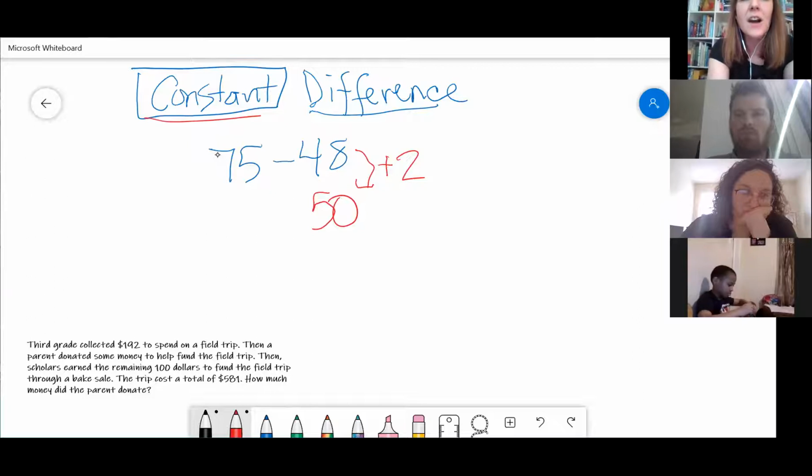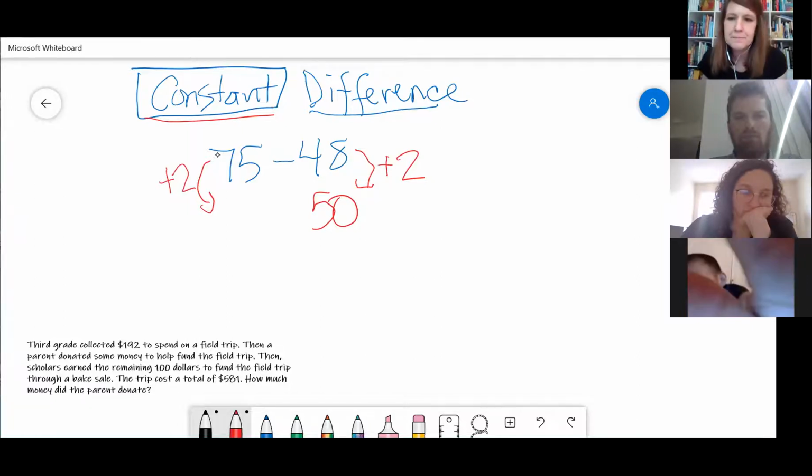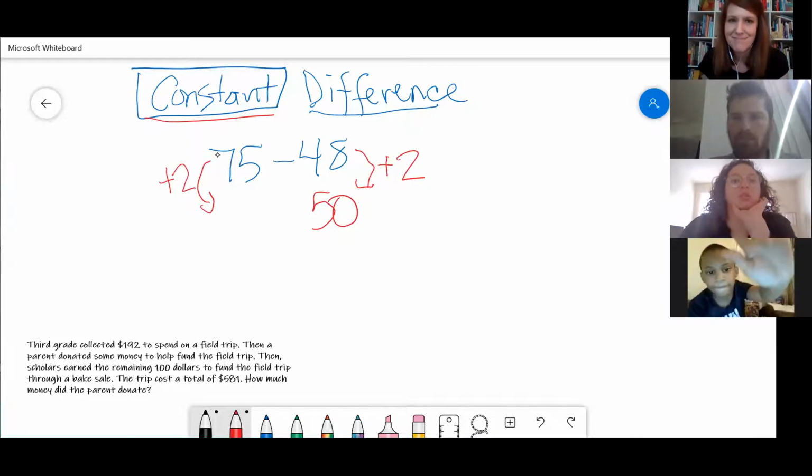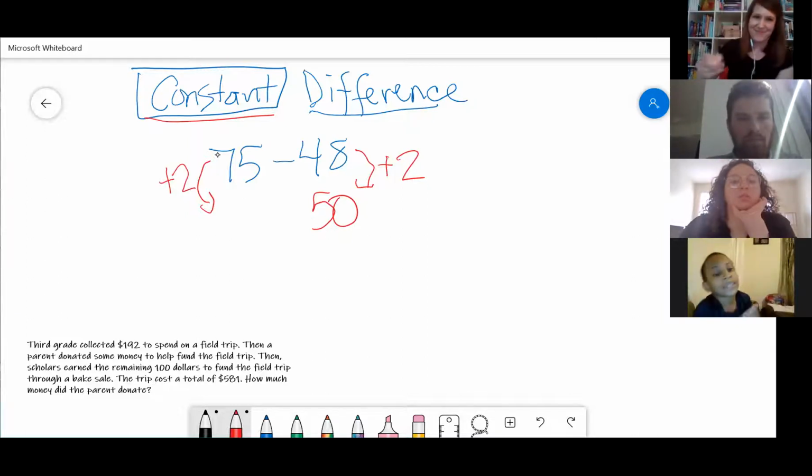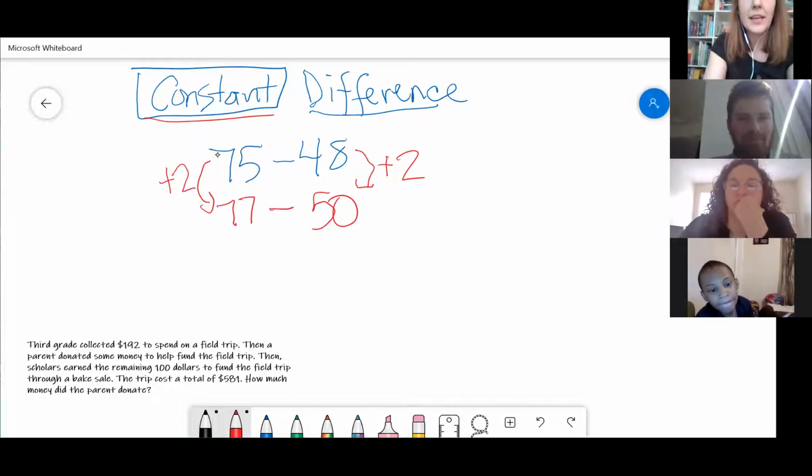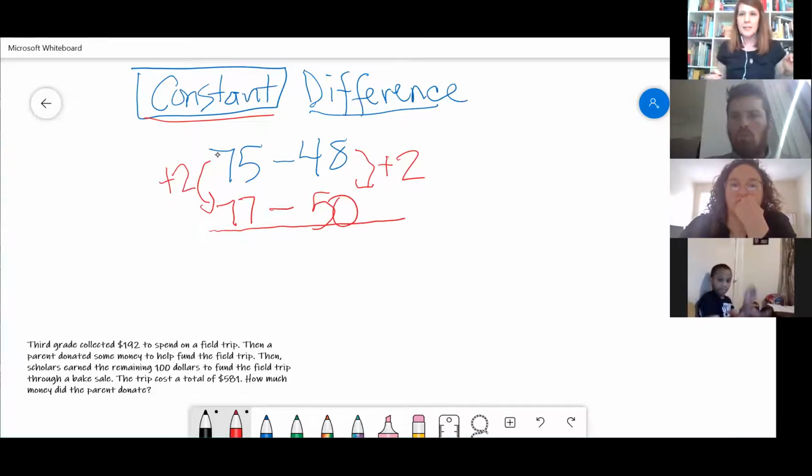So we're going to stay constant. So on this side, I'm also going to add 2. What do I get when I add 2 to 75? Joey. We get 77. Very good. Now, can you subtract 77 minus 50 in your head?